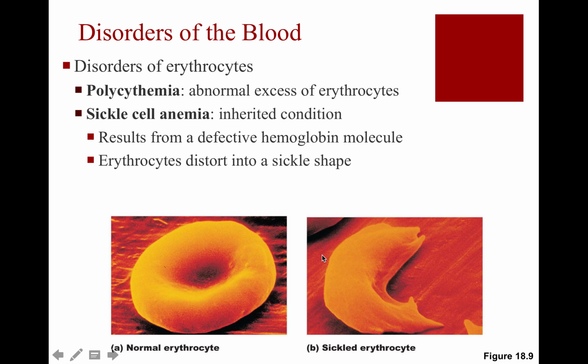Looking at some of the disorders associated with your blood, we have disorders associated with red blood cells. The first one is called polycythemia, which implies a significant amount of erythrocyte production. The next one is sickle cell anemia.